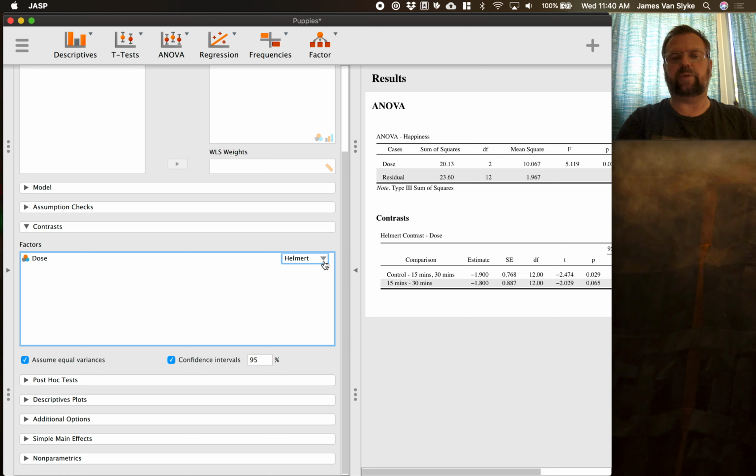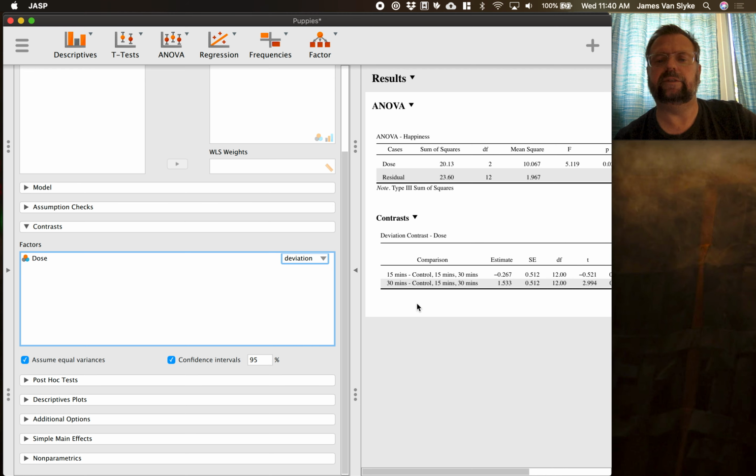Now, for the most part, we're going to be sticking with the Helmert because it does a pretty good job of laying this out. There's several other types of contrasts you can do. We never use the polynomial. If you want to look through some of these, like the deviation one, it does something slightly different. It takes 15 minutes and the control group and compares it to 15 and 30 minutes. That wasn't what we were really looking at.